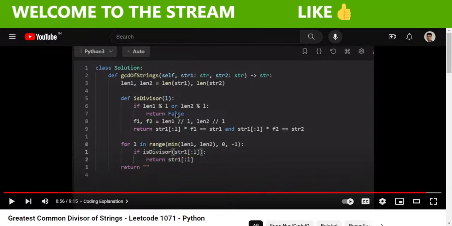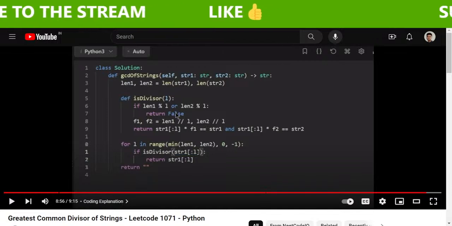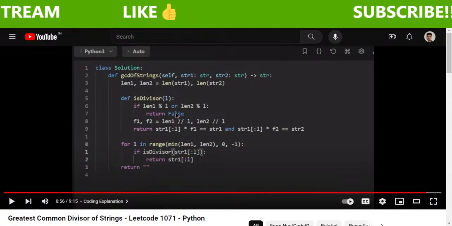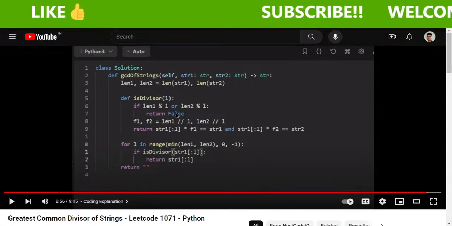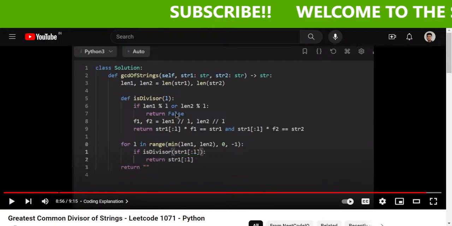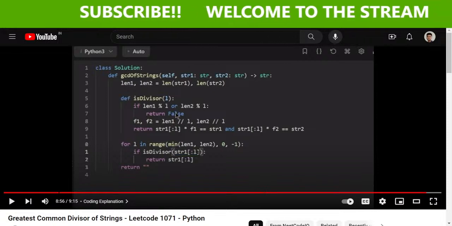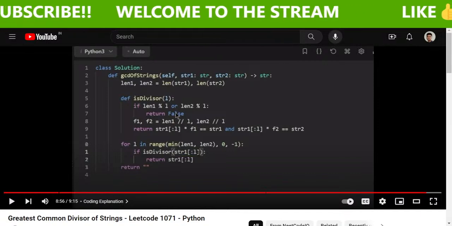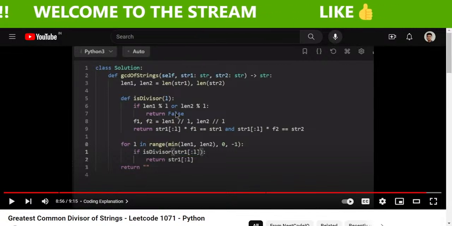And he has written str of L into f1, and checks it against string 1.